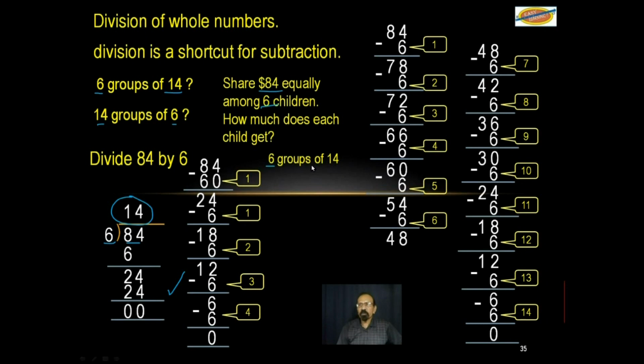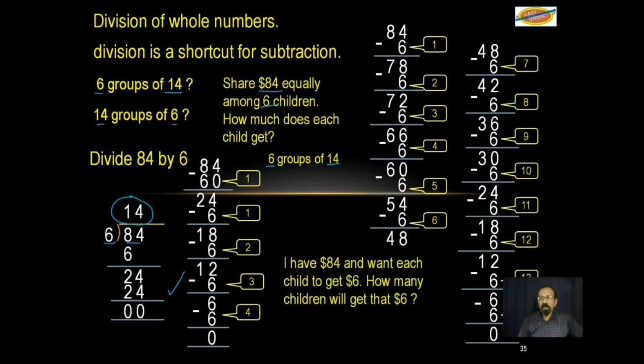Then you have 6 groups of $14 that each child gets. Or if you have $84 and you want each child to get $6, how many children will get $6? Now, in this case, you now have 14 groups of $6. So 14 children will get $6. So it depends. So let's try a little harder one.